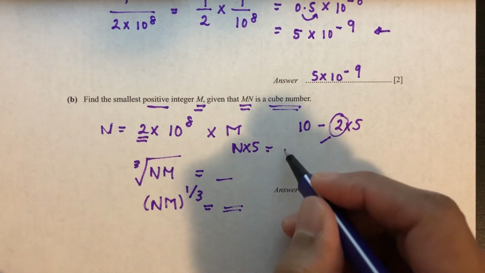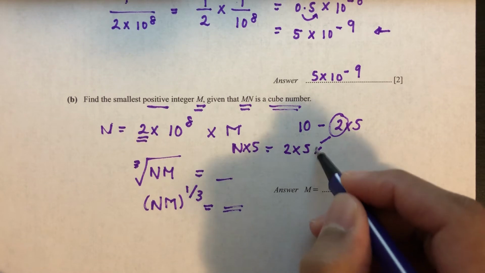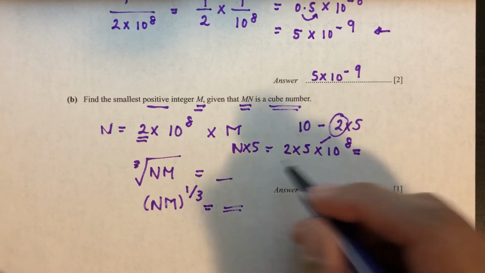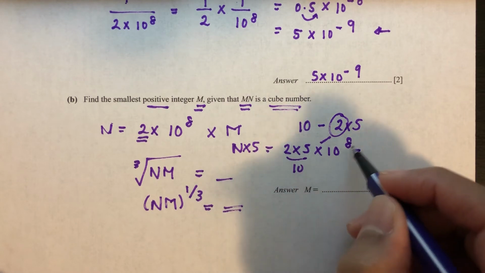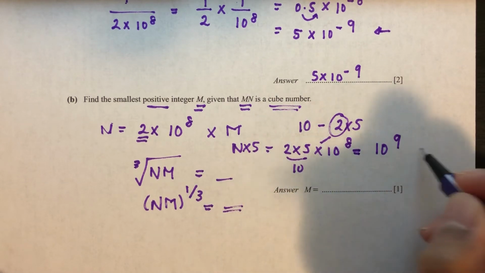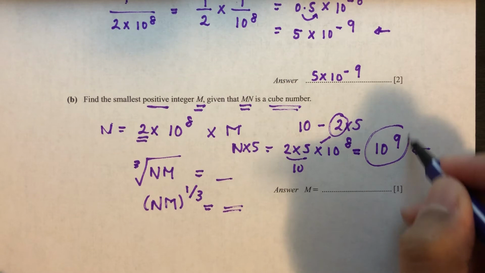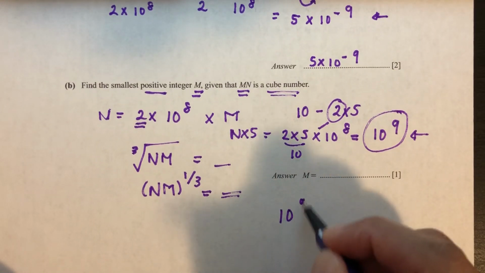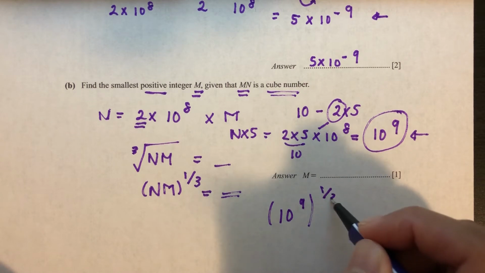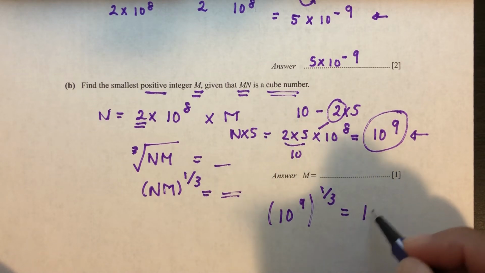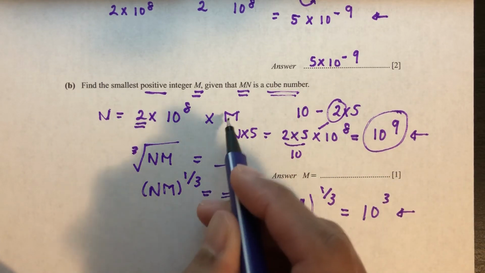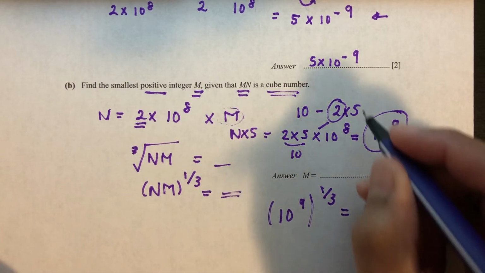It becomes 2 times 5 times 10 to the power of 8, and 2 times 5 becomes 10. 10 times 10 to the power of 8 will be 10 to the power of 9. So 10 to the power of 9 is a cube number, because its cube root gives us an exact value. Thus, the smallest value of m will be 5.